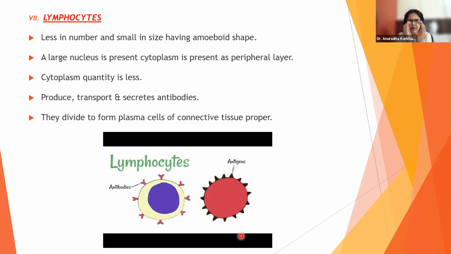So when the lymphocytes break, they will give rise to plasma cells. And when the monocytes aggregate, they will give rise to macrophages. Okay, there is no complication.